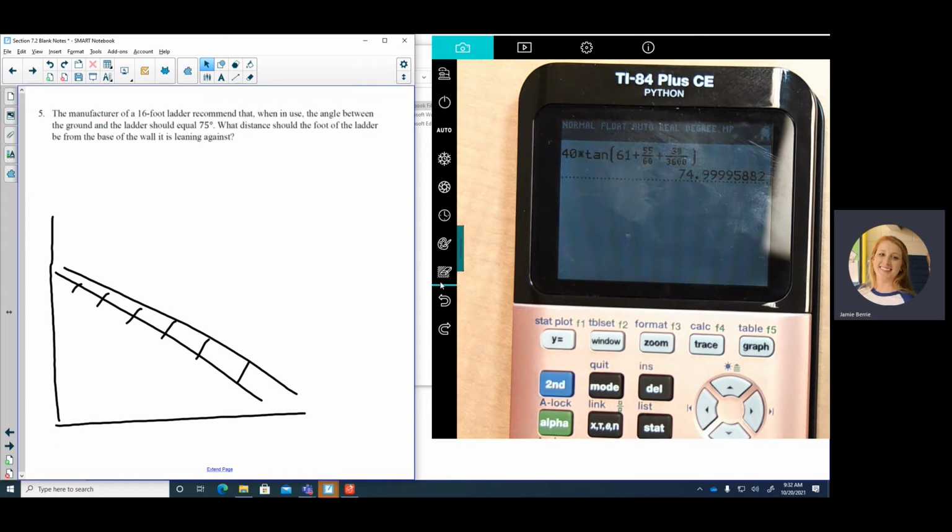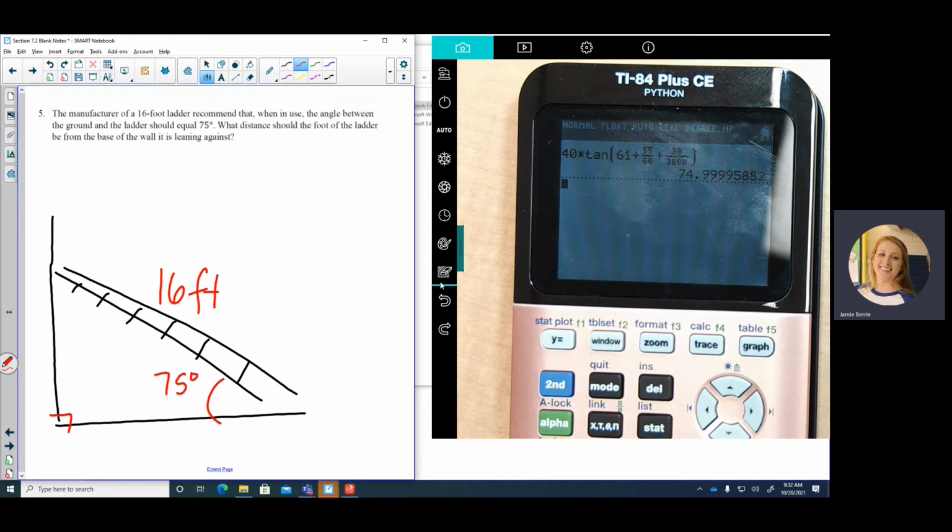The angle between the ground and the ladder, right here, should be 75 degrees. And my ladder is 16 feet long. So here's the ladder, this part right here. That means that the hypotenuse of this right triangle is 16 feet. And again, here's my right triangle.